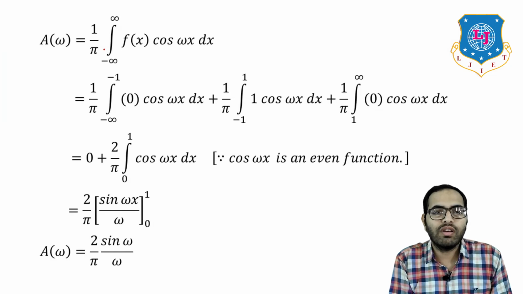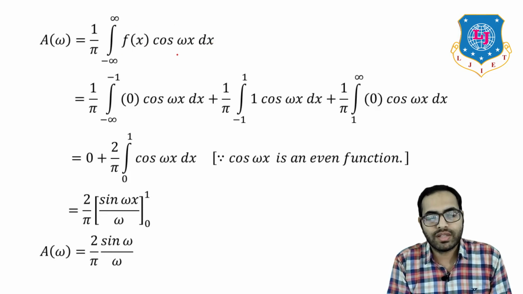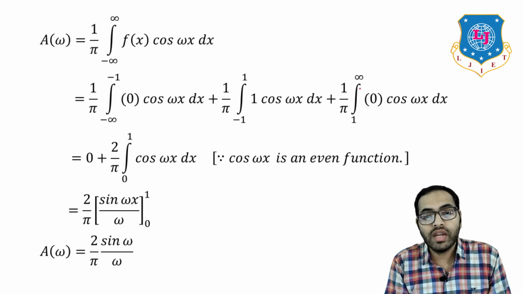Then a of omega is equal to 1 upon pi integral minus infinite to infinite f of x cos omega x dx. Firstly what we have to do is split the limits. According to this graphical representation, 1 upon pi is common, then minus infinite to minus 1 the function has value 0, minus 1 to 1 the function has value 1, and 1 to infinite the function has value 0.